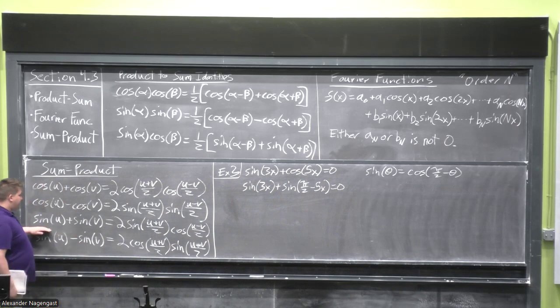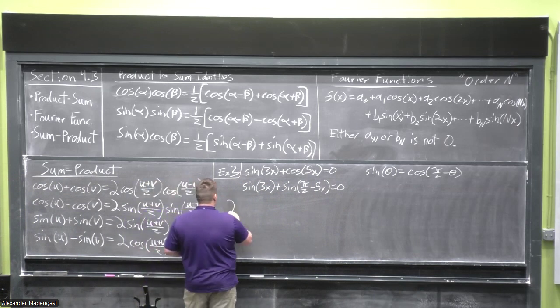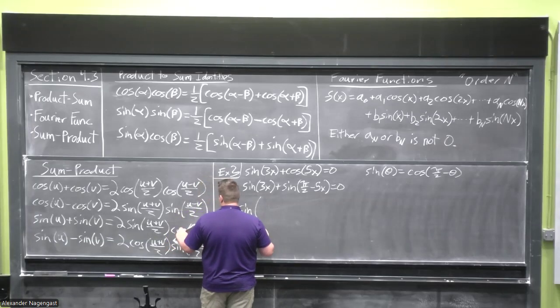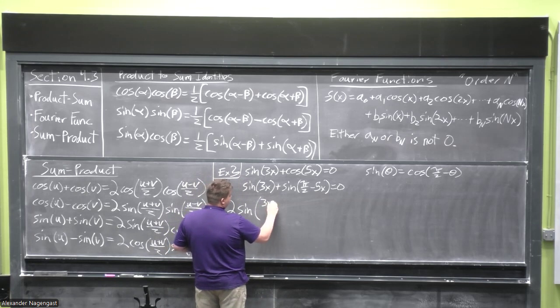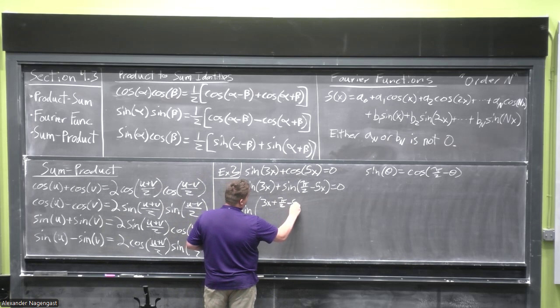Now we can use the third identity for the sum to product, and we get 2 times sine of u plus v divided by 2. So we'll write it out this time, 3x plus pi over 2 minus 5x all over 2.